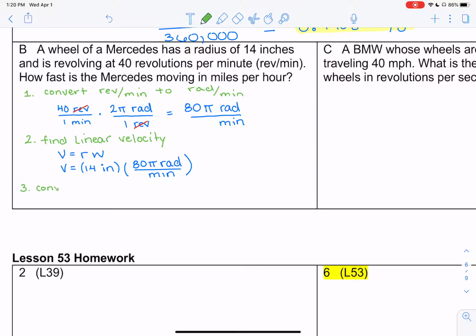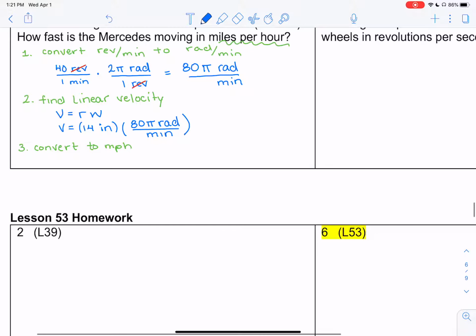Okay, and then once we have that, we're ready for step 3. That is where we have to convert what we just got into miles per hour, which was given to us in the question. So I take the 14 inches and the 80 pi radians per minute.